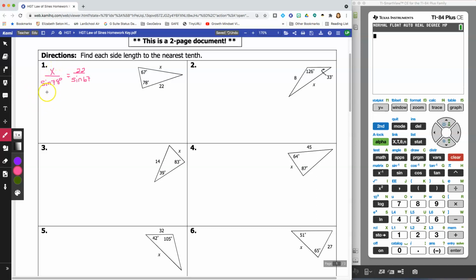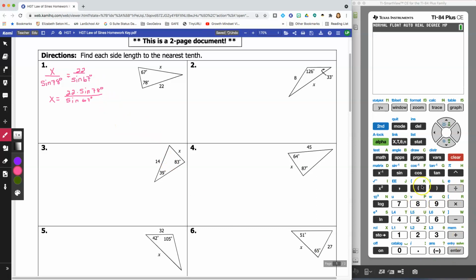In order to solve for x, I need to isolate it, so I'm going to multiply both sides of the equation by the sine of 78 degrees. So x is equal to 22 times the sine of 78 degrees divided by the sine of 67 degrees. And you'll notice sometimes I do forget to write the degree symbol.